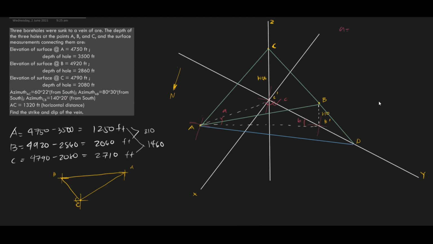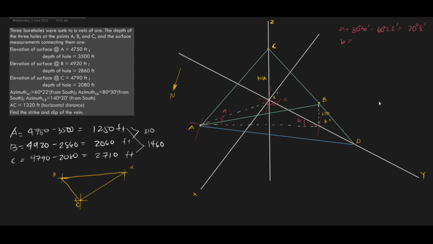So our angle A is equal to the azimuth of A to B prime, or A to B, minus the azimuth of A to C prime, right? So if we compute that, we will get 80 degrees 30 minutes minus 60 degrees and 22 minutes. So that will give us 20 degrees and 8 minutes.